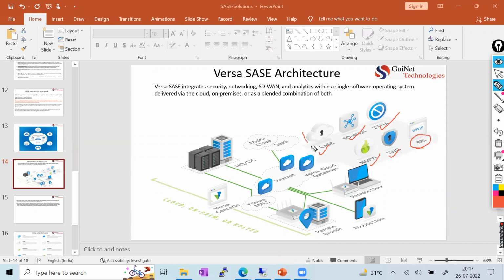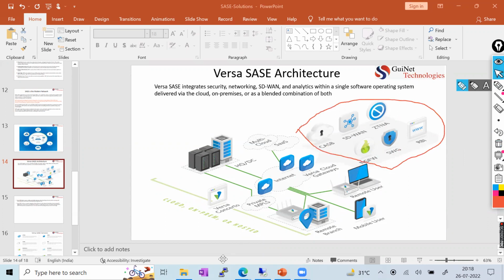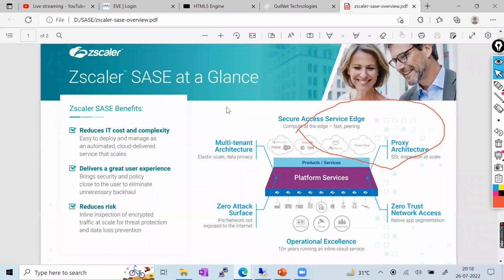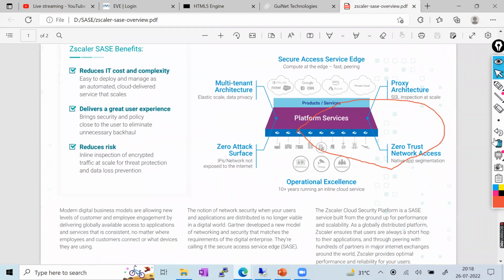So if I'm talking about Versa specifically, it has six components, and all those components become a SASE. But if you talk about Zscaler, they might not have all these components, right?